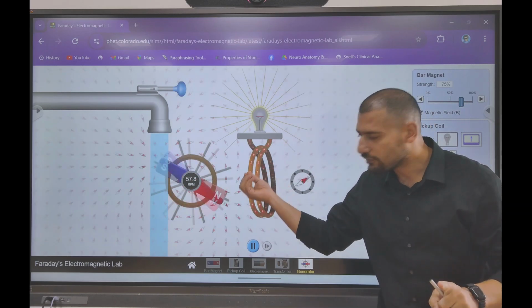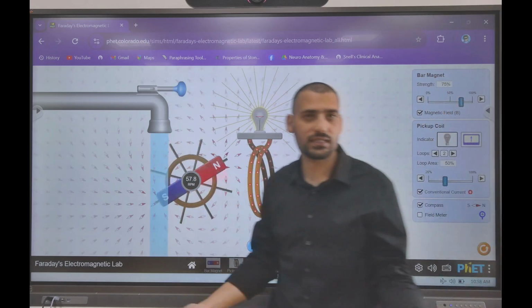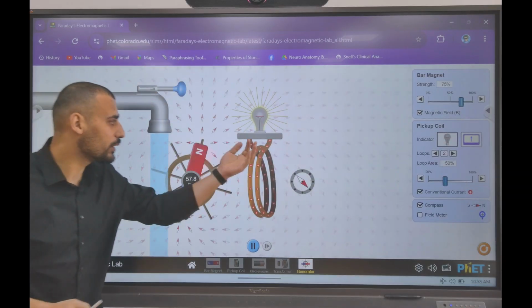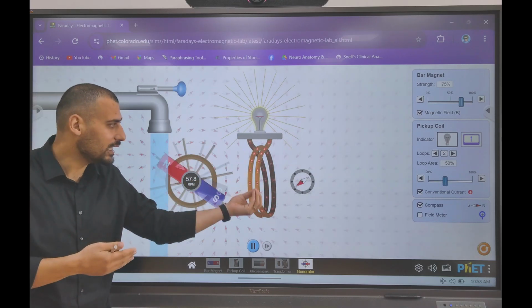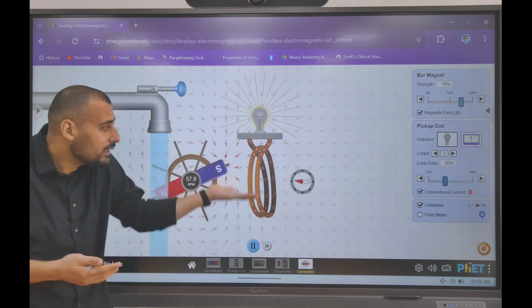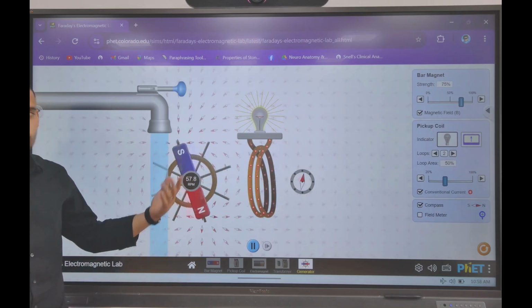When the magnetic field is changing continuously, this coil doesn't like the change. When it doesn't like the change, what happens? It induces EMF, and that EMF causes the current to flow. And when the current flows, khalas, this bulb glows. This is the concept.